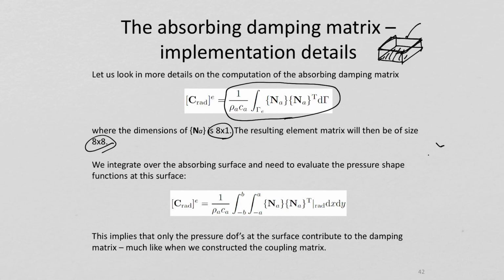But again, we can do this simplification, because remember, only the top layer of acoustic elements matters, and the absorbing surface is actually on the top of that top layer. So this is a surface integral over the top surface. That means that we can again use the 2D shape functions and then do an integral over just this top surface. So that's what we do here.